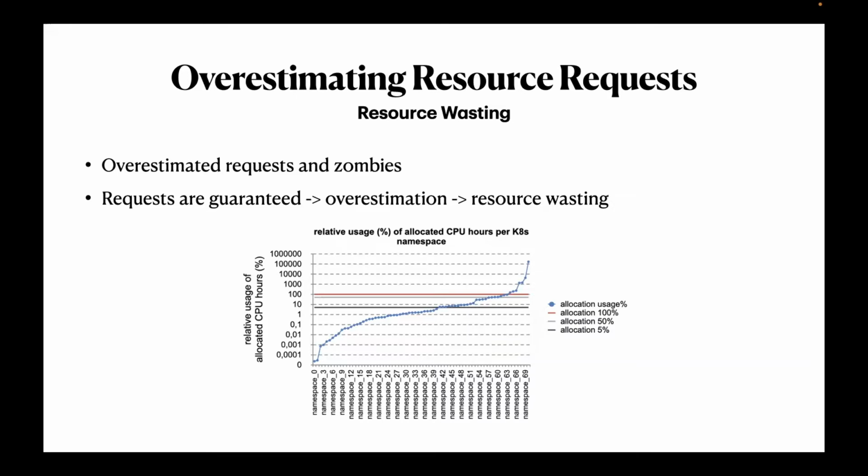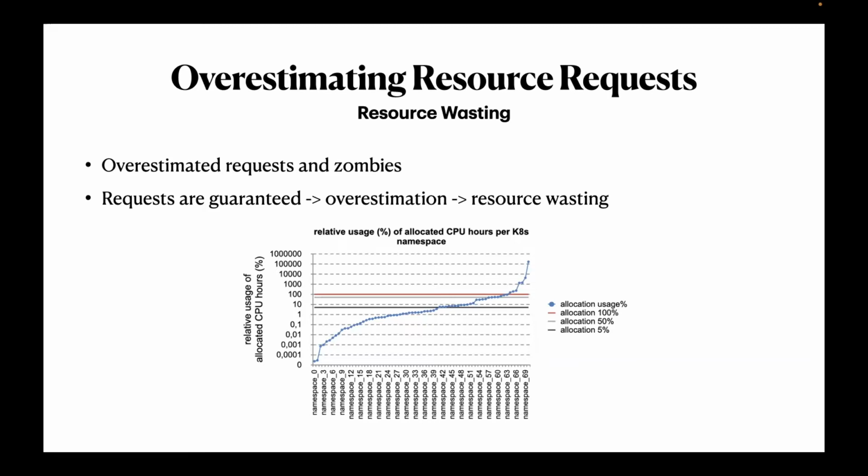According to our experience, the overestimation problem is more coupled with Kubernetes workloads than HPC, where the actual ratio is better because users experience job terminations if they cross the limits. So they are more careful about it. And in the figure, you can see the normalized total used CPU hours and the requested CPU hours per Kubernetes namespace.